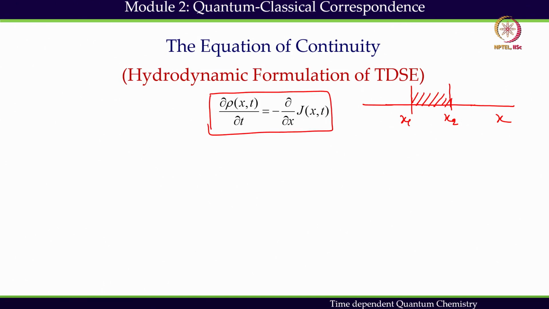Although the equation of continuity is just another mathematical form of TDSE, there exists an important difference between them in the sense of interpretation. The equation of continuity directly deals with the probability density, which is an experimentally realizable quantity.